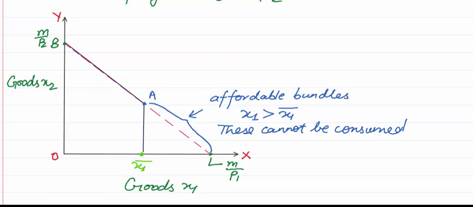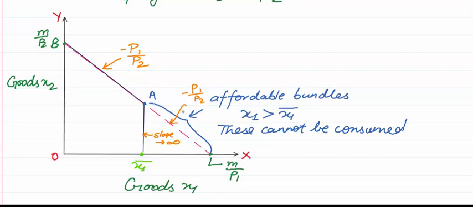In this case, the slope of the budget line EBA is minus P1 by P2. Here, the slope of the budget line AX1 bar tends to infinity, and the slope of the budget line AL is minus P1 by P2, because it is part of the original budget line of the consumer.